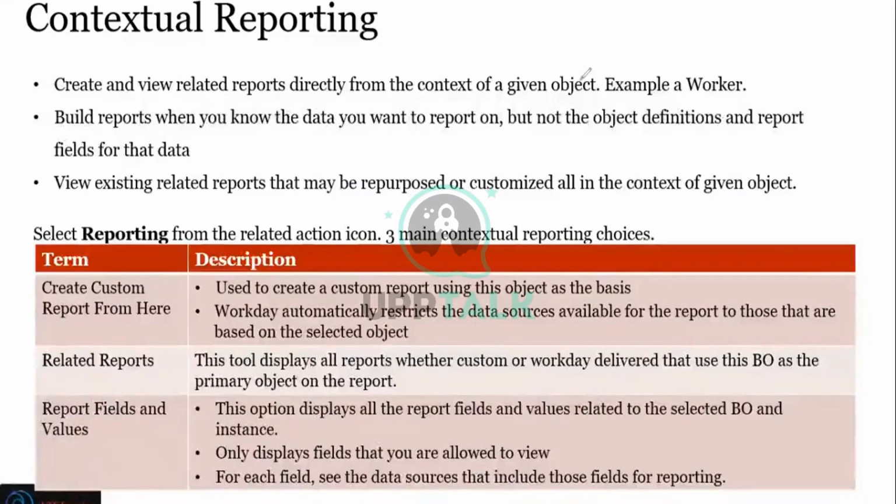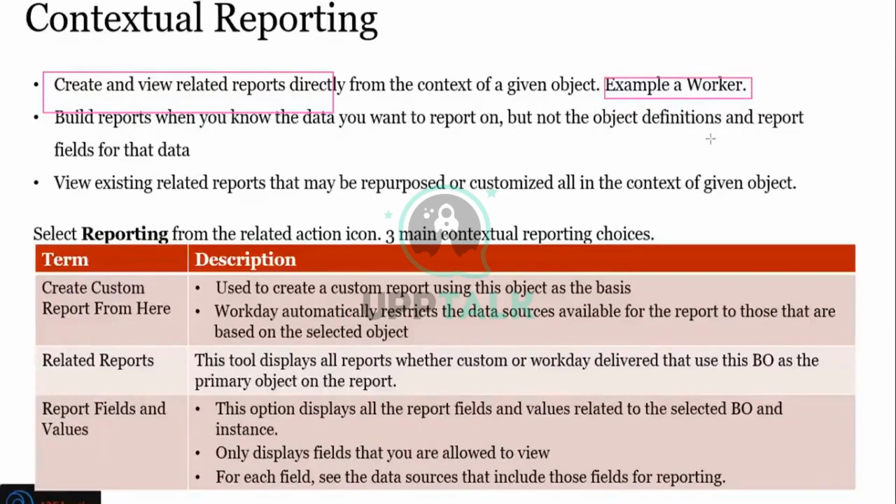What is contextual reporting? It allows you to basically create and view related reports directly from the context of an object. For example, in this case, you have a worker opened.